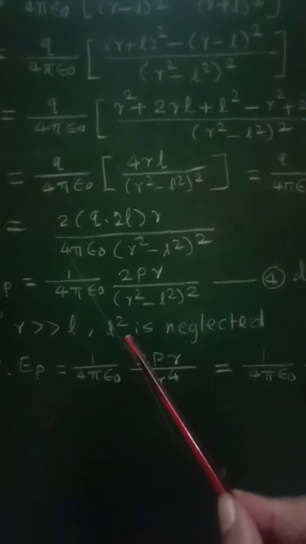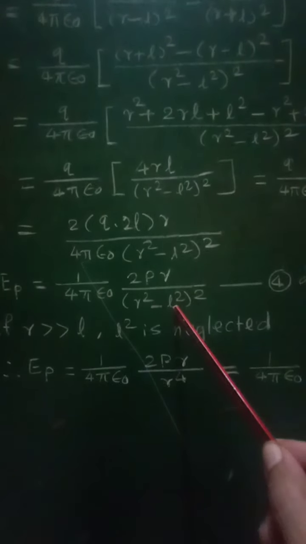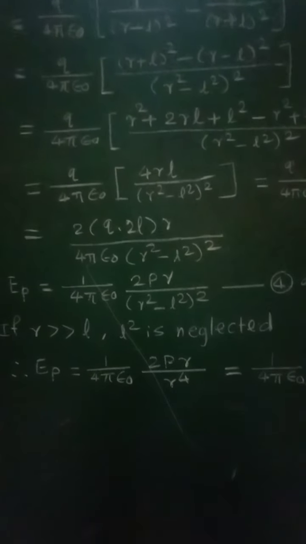So this L square from this relation will be neglected, that means it will become 0, because L is very small, so its square is again too small. Therefore L square is neglected.